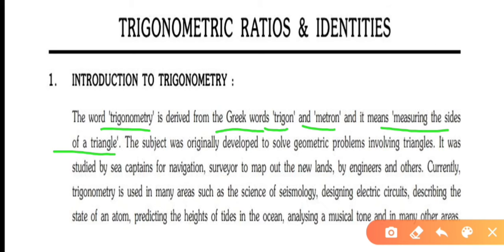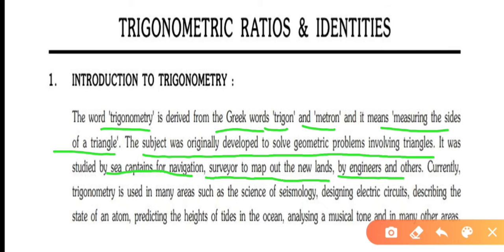Trigonometry is a word derived from the Greek, where trigon and metron are the two words, and it means measuring the sides of a triangle. The subject was originally developed to solve geometric problems involving triangles. It was studied by sea captains for navigation, surveyors to map out new lands, and by engineers and others.